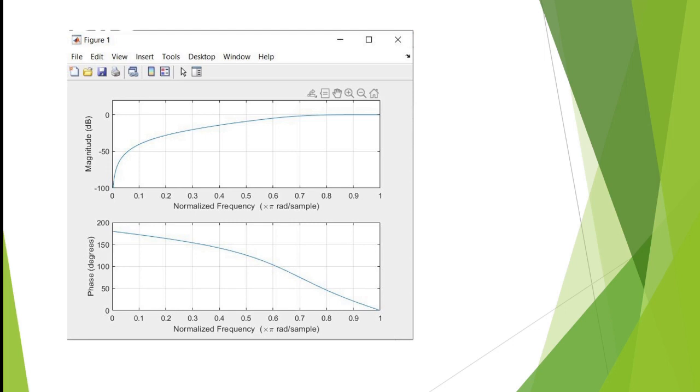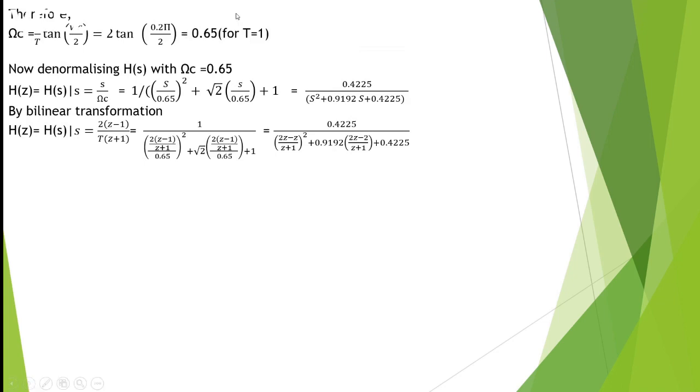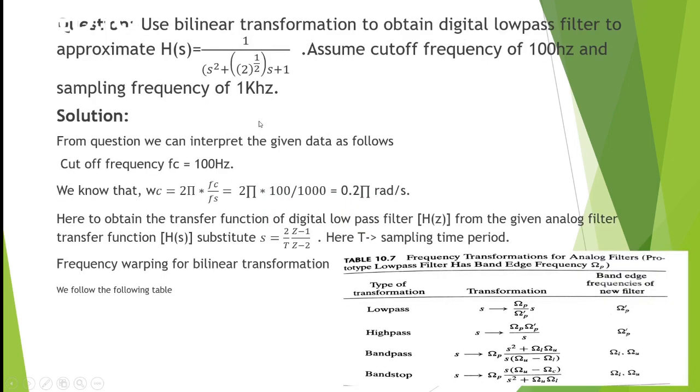In the same manner as in the low pass filter, where we point our cursor near 0.65, that is the cutoff frequency of the filter which we have designed, we will be observing the bend of the curve, which is similar to the graph of an ideal high pass filter. Thus, we solved the design of the filters using bilinear transformation. Thank you.